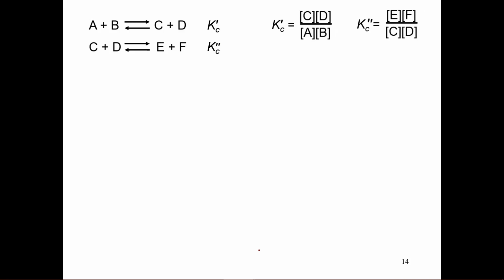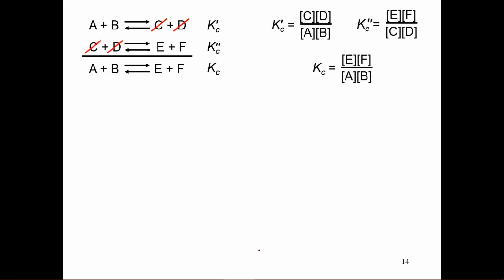And so basically you can get these relationships between both there, and essentially going all the way, A plus B goes to E plus F there. The KC there will be EF over AB there, and you can kind of see the relationship between both. KC is going to be KC prime times KC double prime.